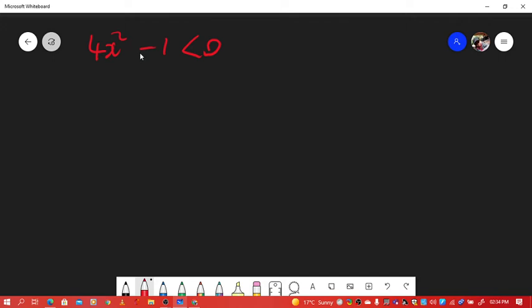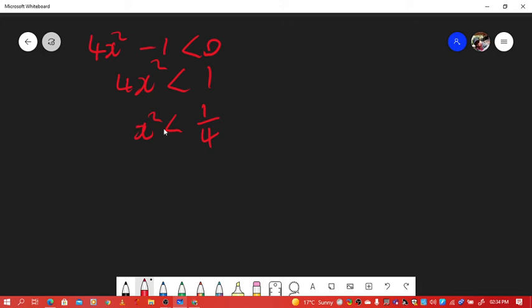Now you can see we do not have x in 2 terms, so you cannot say I factorize. The quickest way to solve this is to transpose. If you transpose your 1, that means 4x squared is less than positive 1. And if you divide by 4, you have x squared less than 1 over 4.